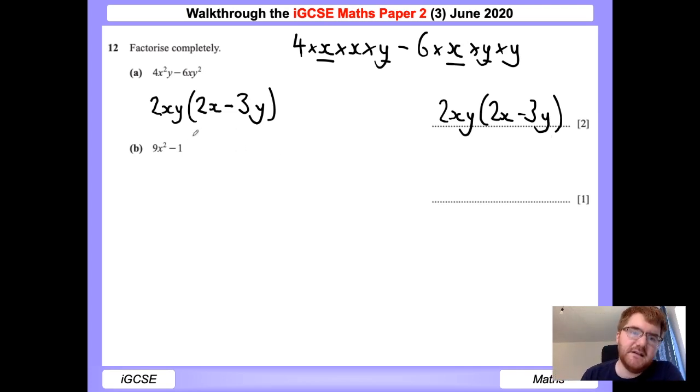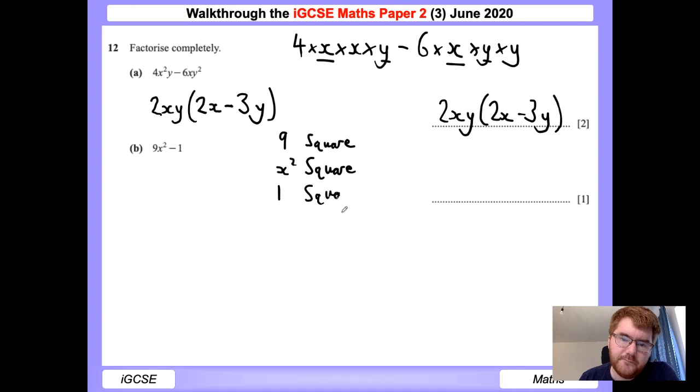The reason I know this, for this particular question, even though it looks kind of weird, notice that 9 is a square number. x squared, by definition, is a square number because it has a squared in it. And 1 is also a square number. There's a minus in between, so we should be thinking the difference of 2 squares.